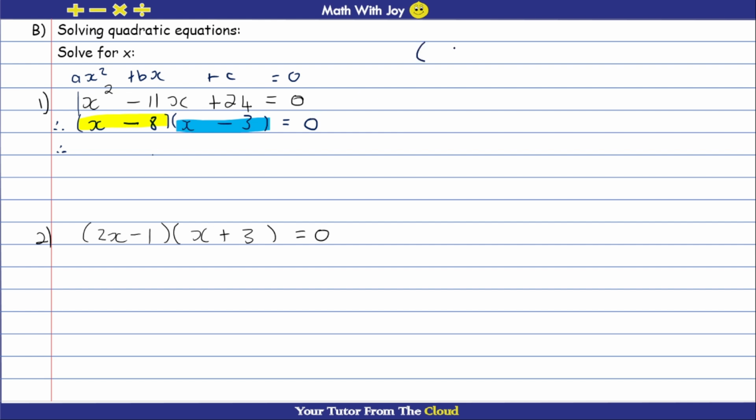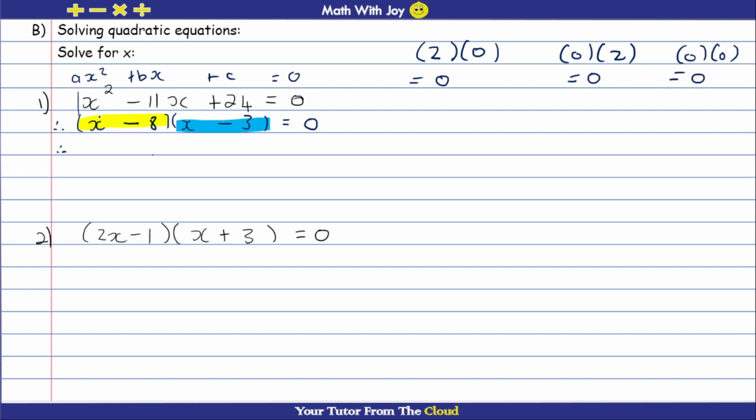It's easy. It's when one of the brackets is actually 0. So 2 times 0 is 0, or 0 times 2 is 0, or both of them can be 0. So 0 times 0 is 0. So that's why we're going to do this.